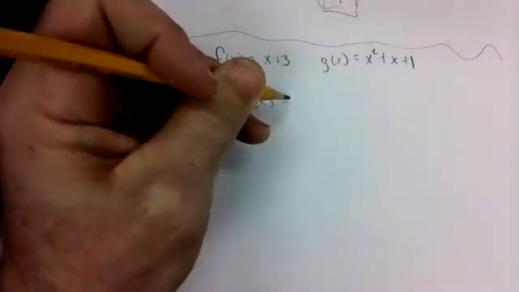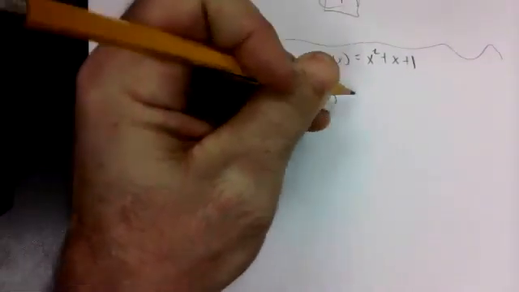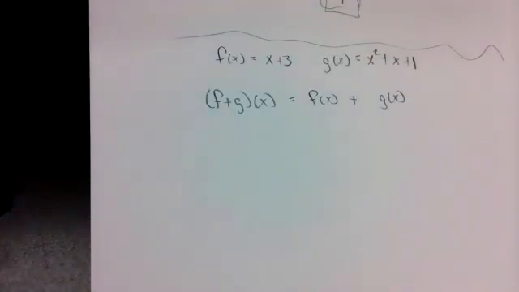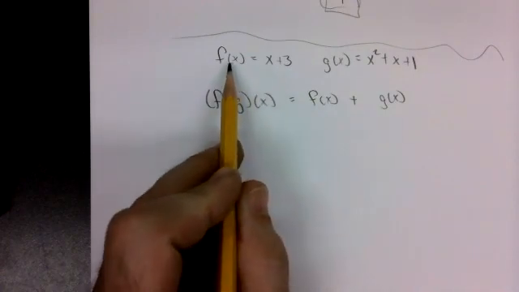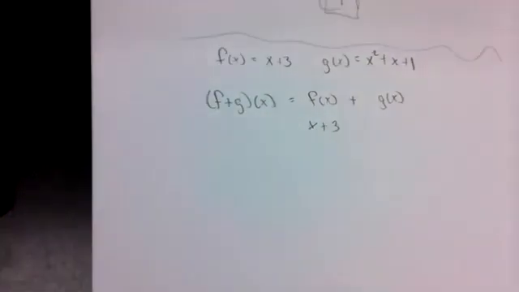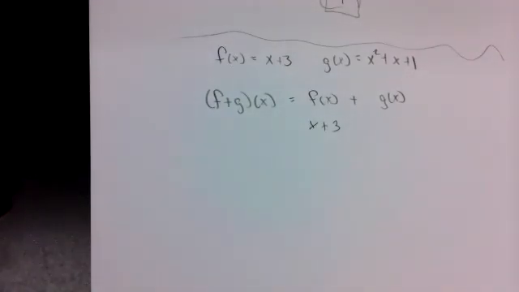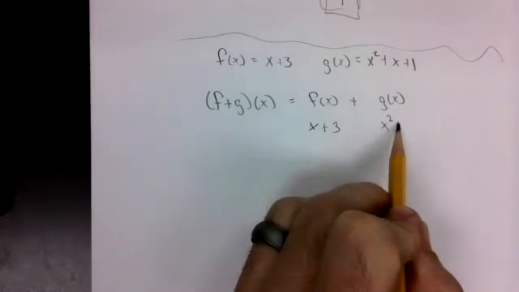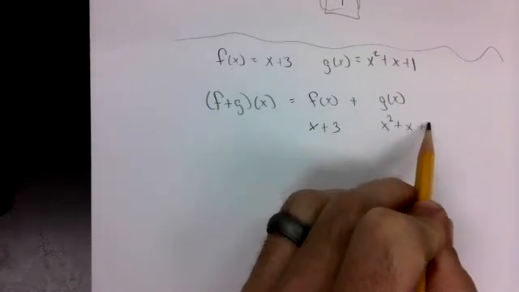So again, what this implies is the f of x plus the g of x. f of x is exactly what it shows here. That's x plus 3. g of x is x squared plus x plus 1.